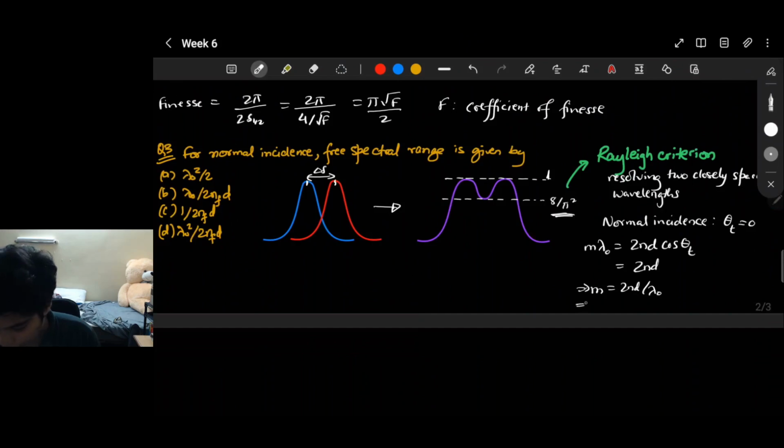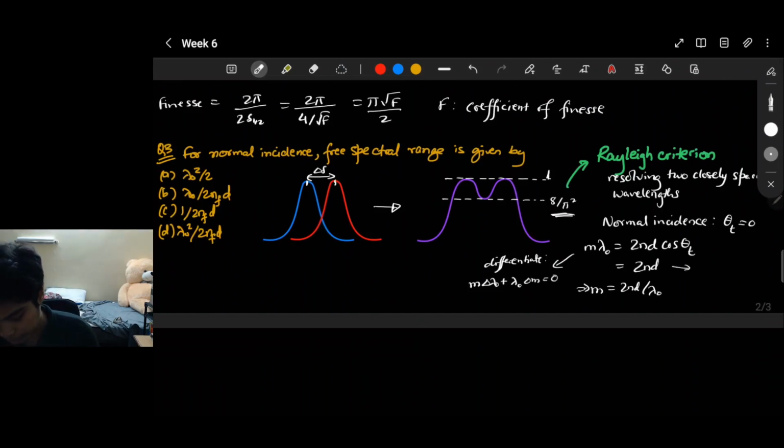So if I differentiate, this also gives me, upon differentiating, m delta lambda naught plus lambda naught delta m equals 0, because this right hand side is a constant.